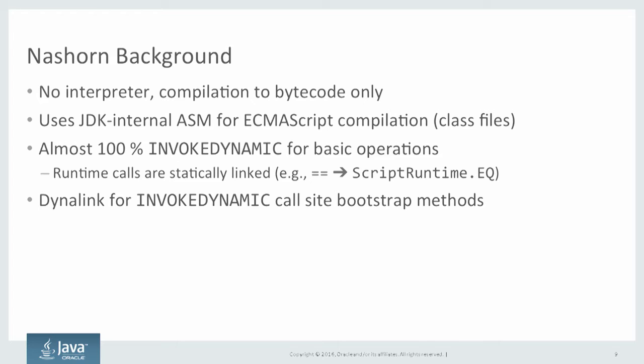Some remarks on the execution approach. We do not interpret anything. Everything is compiled to Java bytecodes, then loaded as class files. We use ASM for that; the JDK internal ASM is used. For most of the basic operations, invokedynamic is used.